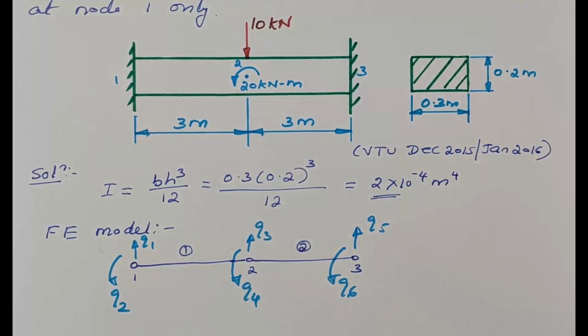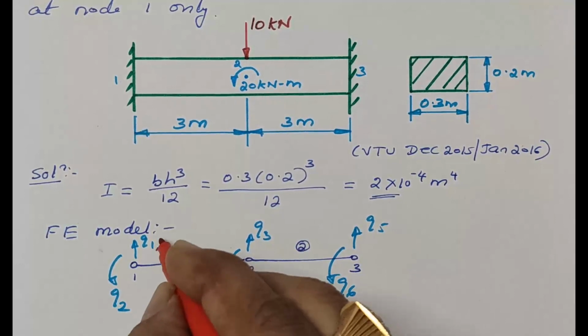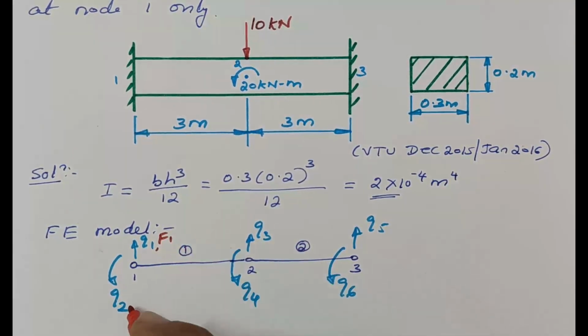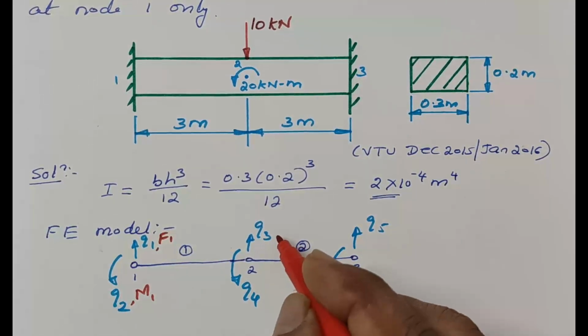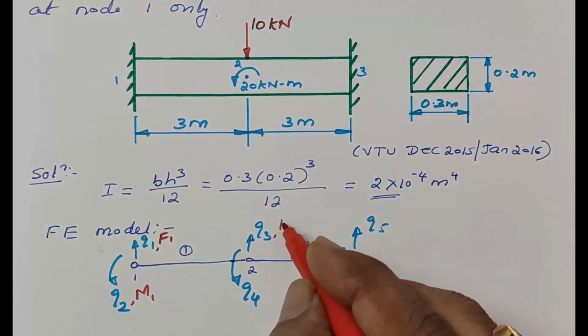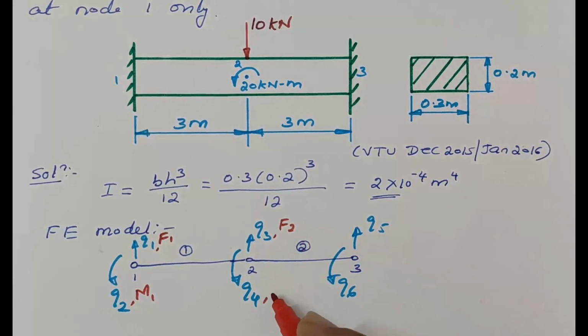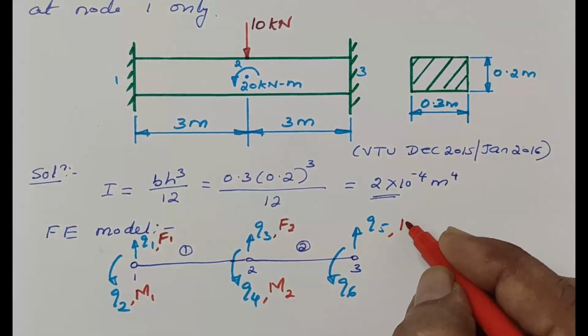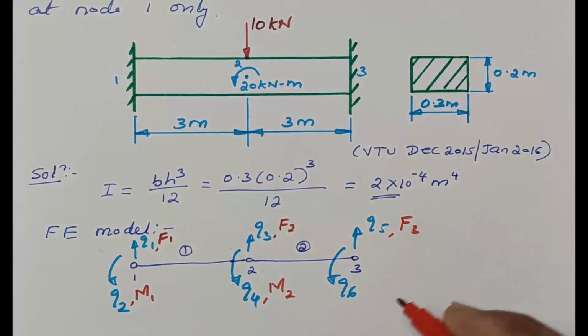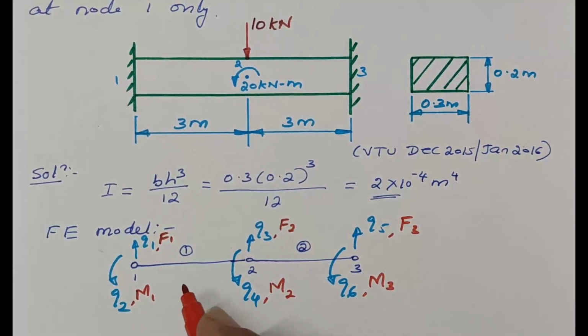And the nodal forces and nodal moments. At node 1, F1 is the nodal force and M1 is the nodal moment. Similarly, at node number 2, F2 is the nodal force and M2 is the nodal moment. At node number 3, it is F3 and M3. Length of the element is 3 meter each.